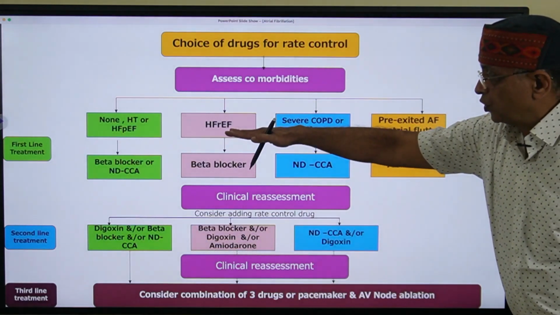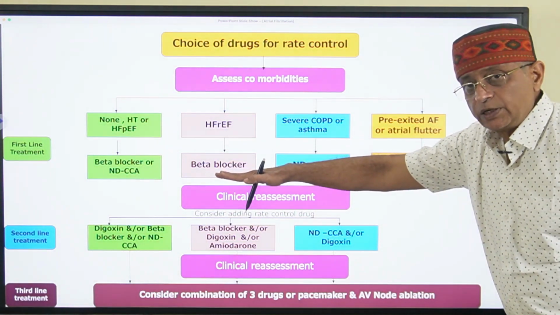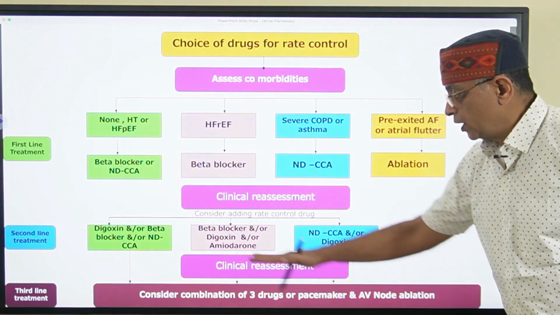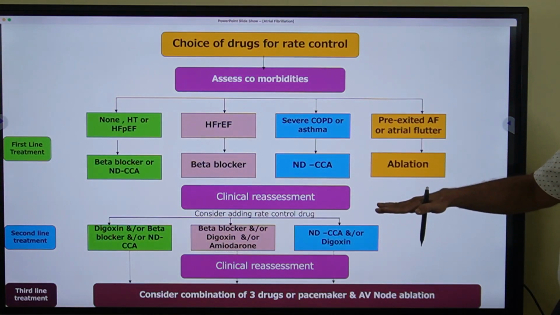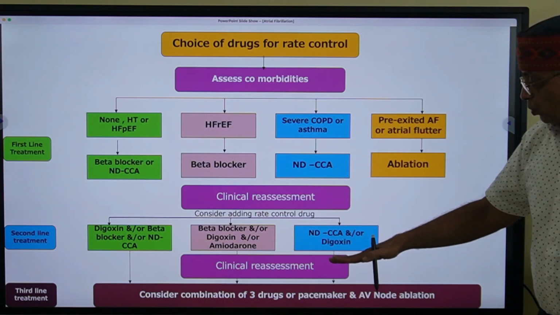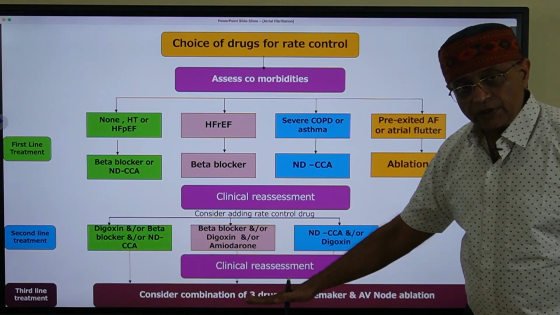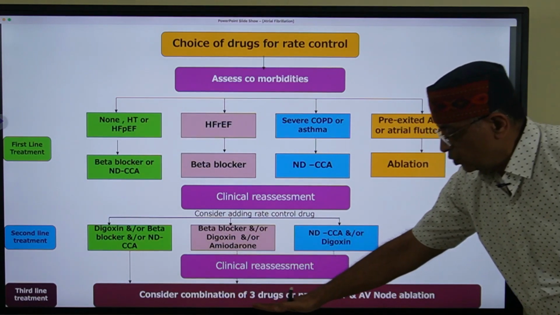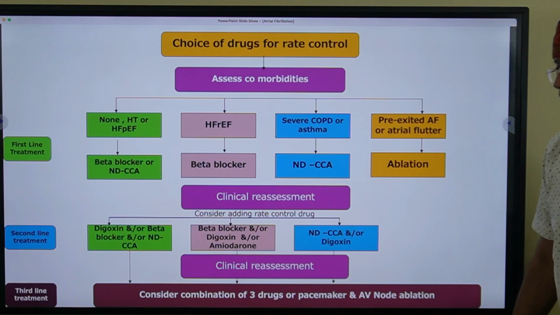If the patient with heart failure with reduced ejection fraction, on a beta blocker, still has an uncontrolled heart rate, you may add digoxin or amiodarone. In severe COPD or asthmatic patients on calcium channel blockers where the rate is still high, you may add digoxin. Again, clinical reassessment after some time. If the rate is still not achieved, you can give a combination of 3 drugs, or you may go in for AV node ablation.